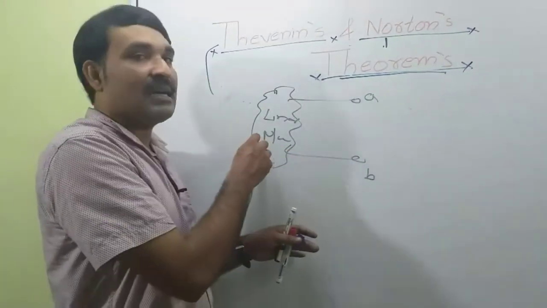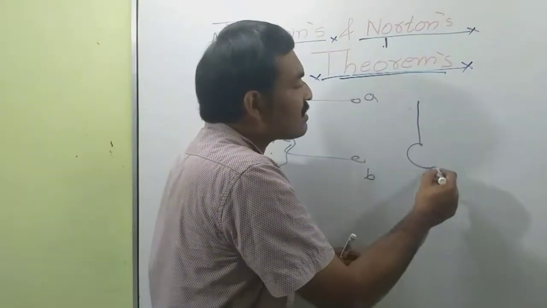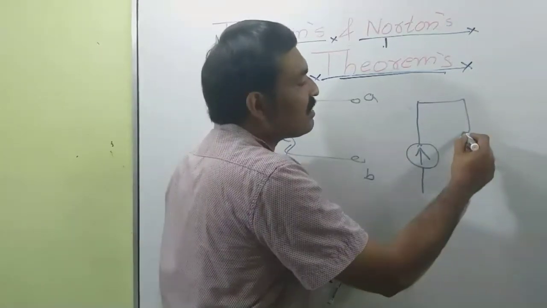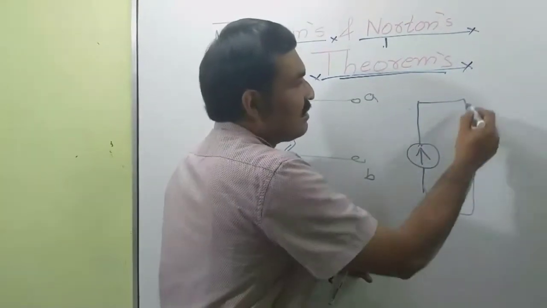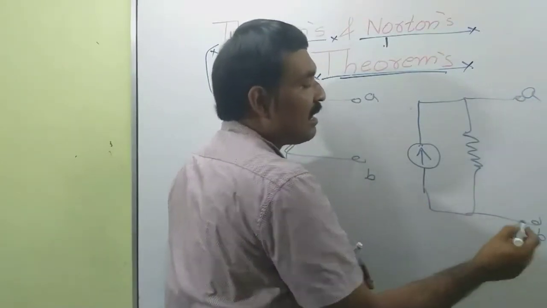Now this network can be replaced by a single circuit consisting of a current source in parallel with a resistance, and this is our terminal, and again this is a two terminal network.